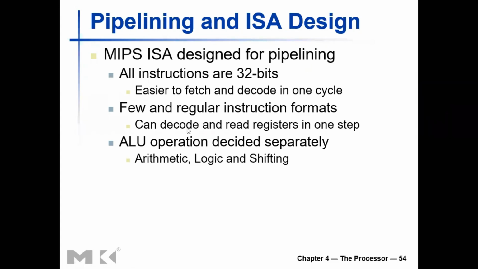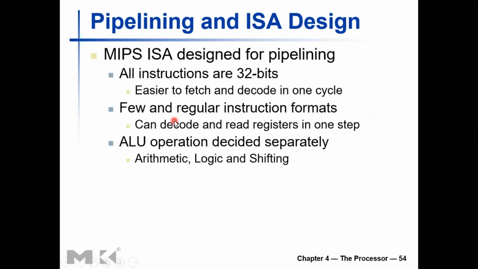So the decoding can be done really quickly because you only need a very small size combination logic to decode the small opcode, and based on that do the register reading, right? So you can fit the decoding and register reading in one step without making that the slowest stage in the pipeline.